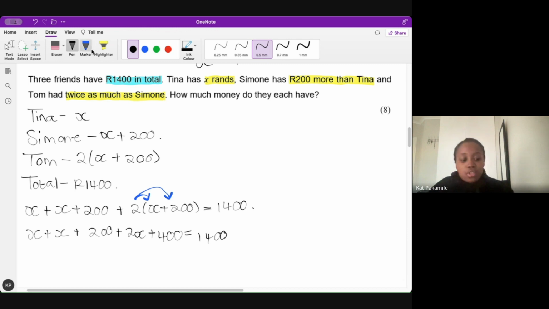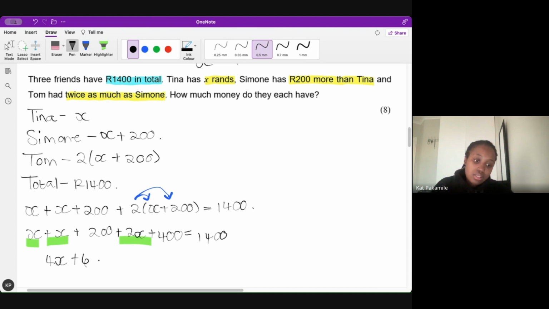So the first thing we need to do here is find our like terms. I have an x and a 2x. So what is x plus 2x going to give us? Thank you. That is 4x plus 200 plus 400.